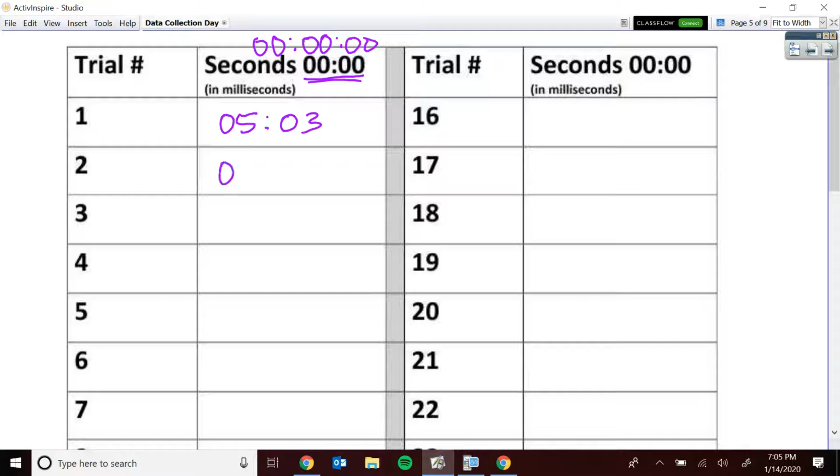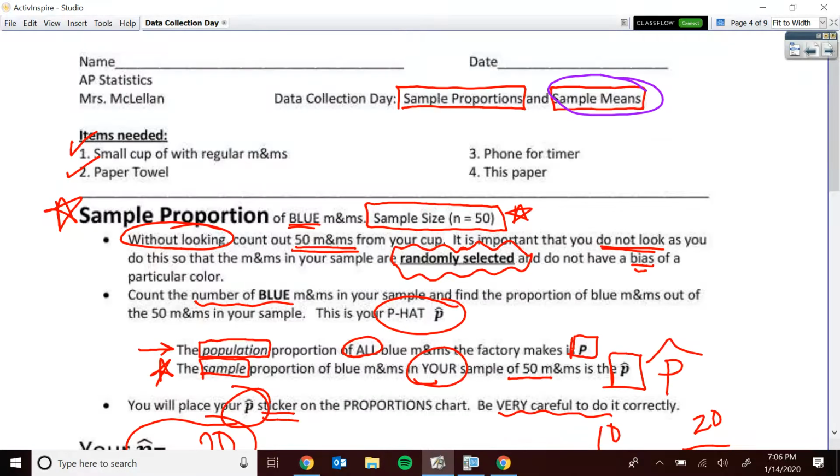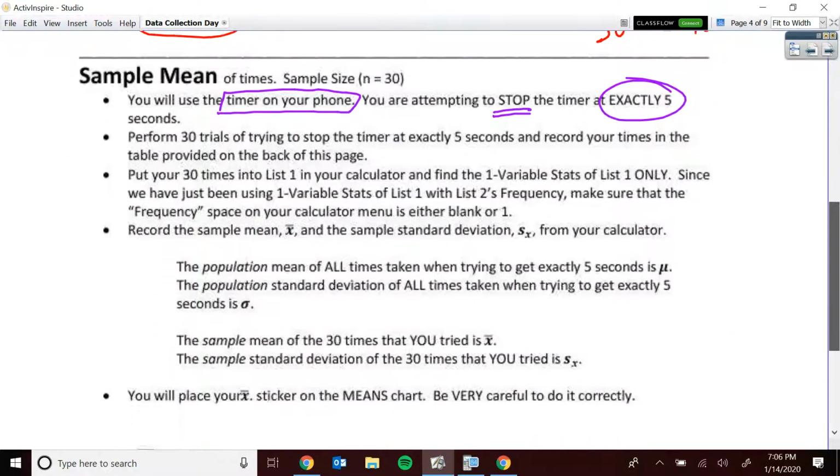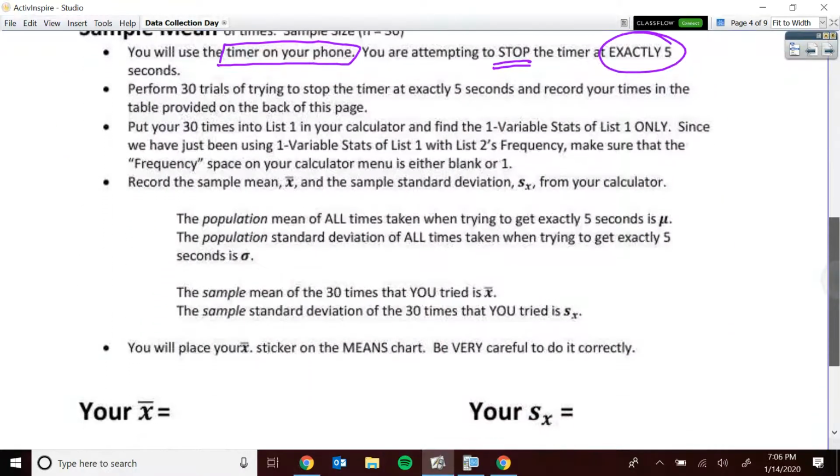And the next one might be this right here. Okay? And so you'll go ahead and you'll be calculating all of these numbers. And once you get done with all of these individual 30 times, you then average them. All right, so taking a look at that.